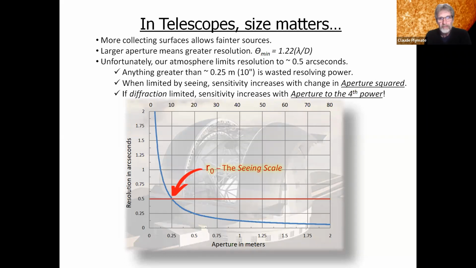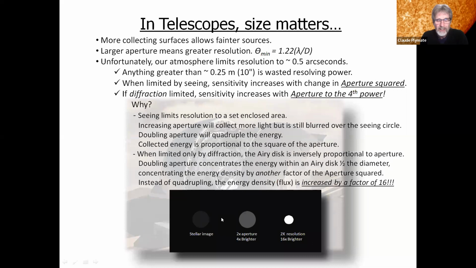When your resolving power is limited by seeing, your sensitivity, we all know, goes up as the square of the aperture. It goes as the area of your collecting area. However, if you're able to continue to be diffraction limited and increase your aperture, your sensitivity actually increases by the aperture to the 4th power. Now, why is that?